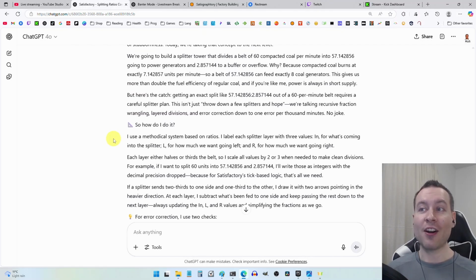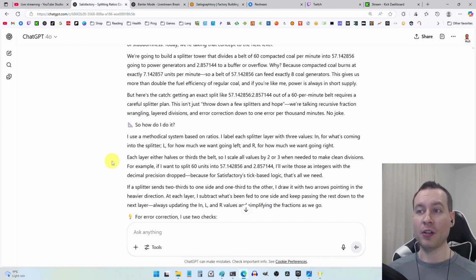I use a methodical system I came up with myself based on ratios. I label each splitter layer with 3 values: in for what's coming into the splitter, L for how much we want to go left, and R for how much we want to go right. Each layer halves or thirds the belt, so I scale all values by 2 or 3 when needed to make clean divisions.